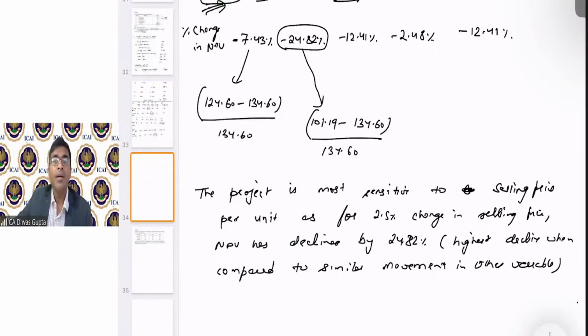So hence, it's not dependent on the performance of the project. Hence, I have not included it. But if you want to really try that, you can include that and make the case as well for discounting rate. So unless the question specifies, it is better not to take discounting rate as one of the variables. Okay.